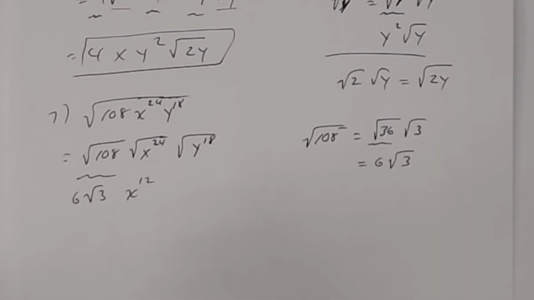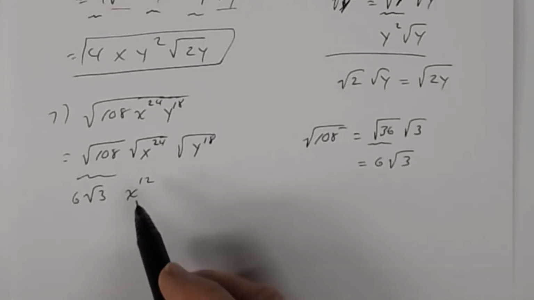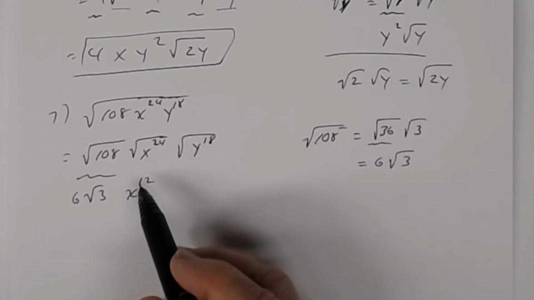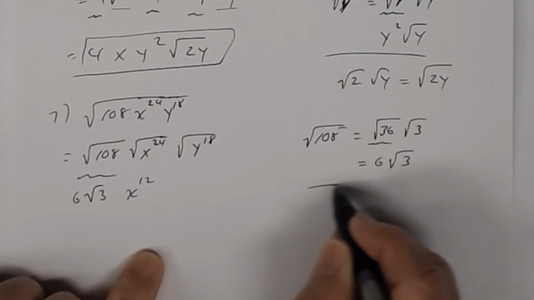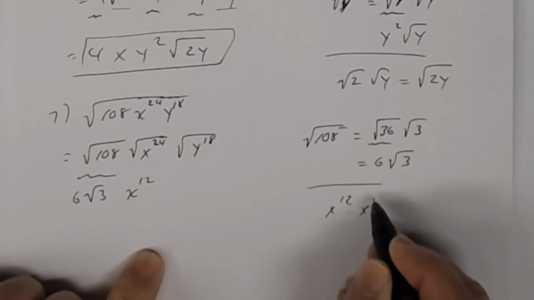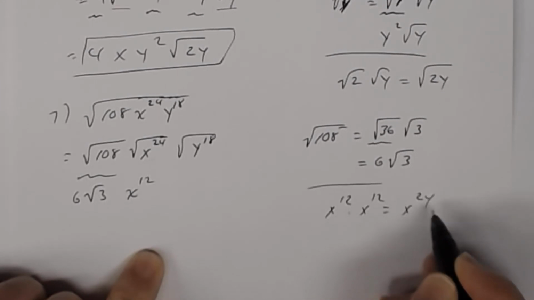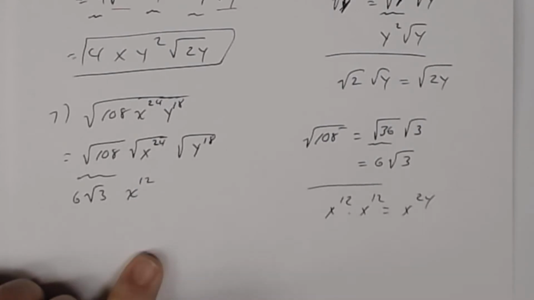All right. Now remember, you also have to think, okay, well that's true because x to the 12th times x to the 12th is x to the 24th, which is what the square root of x to the 24th means. What times itself is x to the 24th? Okay, same thing here.